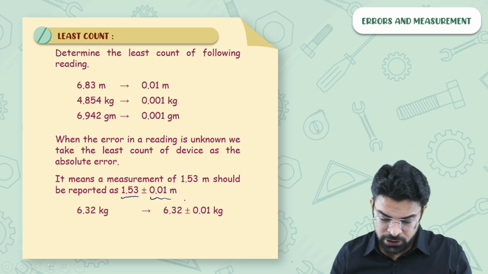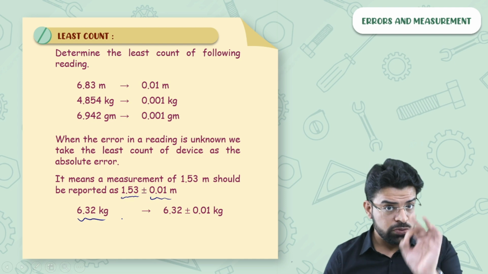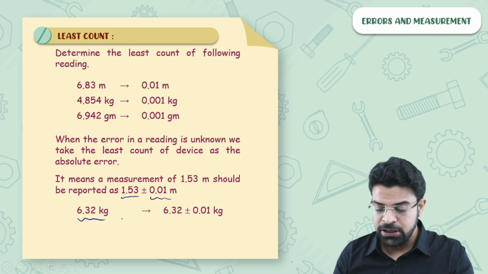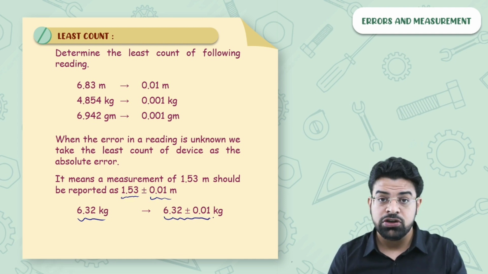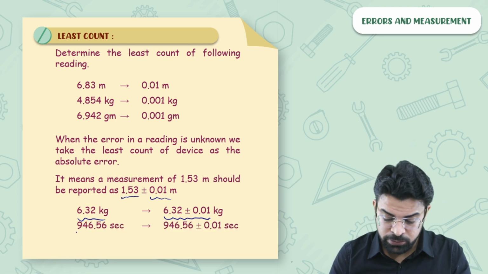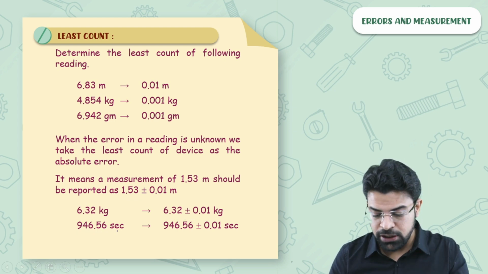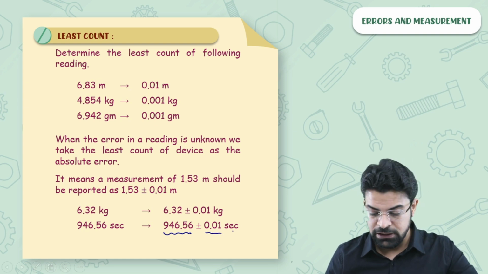Let's continue. If you get a reading as 6.32 kg, it should be reported in the proper error limit as 6.32 plus minus 0.01 kg. If you measure time to be 946.56 second, it should be reported as 946.56 plus minus 0.01 second.